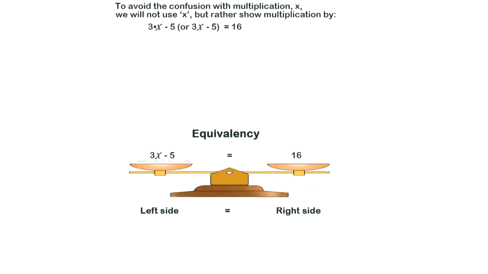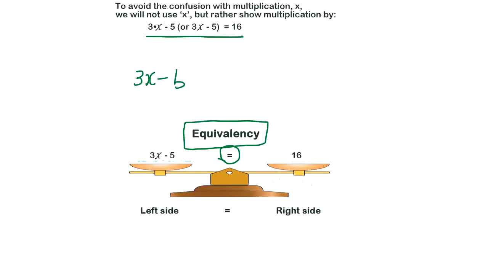Okay, so in order to solve an equation with an unknown value like this, we need to learn about equivalency. What does equals mean? We don't know x, but this amount is equal to 16. It's balancing right now, right?